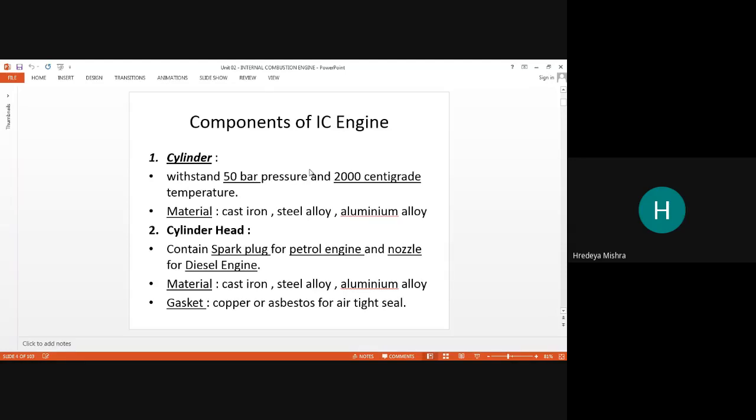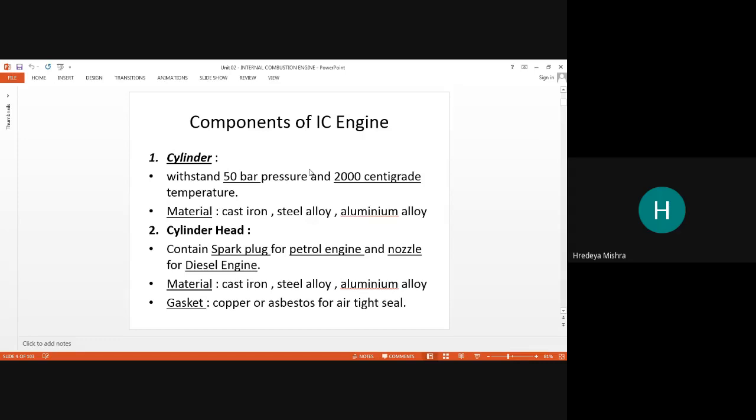So nozzle and spark plug both are responsible for the ignition process. Now materials: cast iron, steel alloy, aluminum alloy, all are used for this.